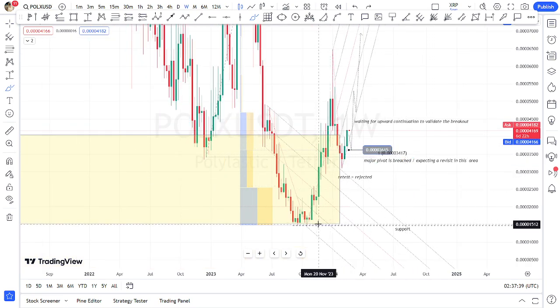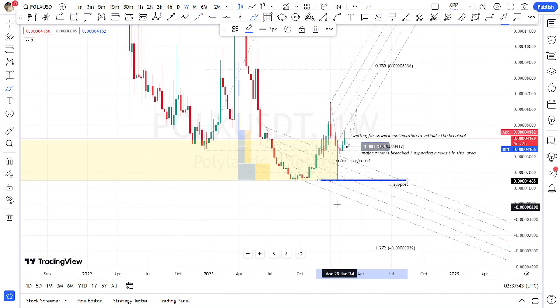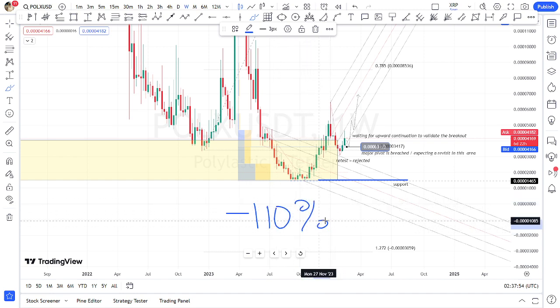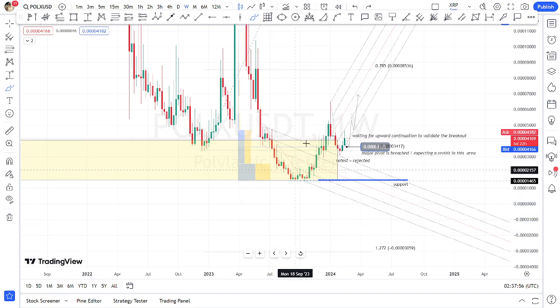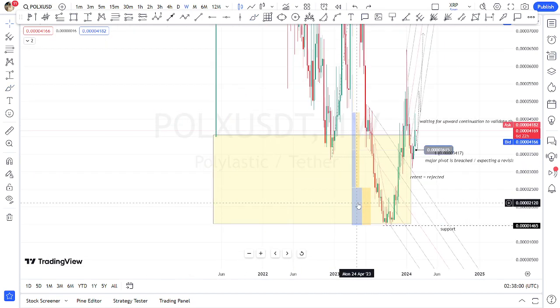So I think this is currently somewhere under negative 110%. So negative 110% drop. So this is potentially the bottom. For me, this could be the potential bottom.